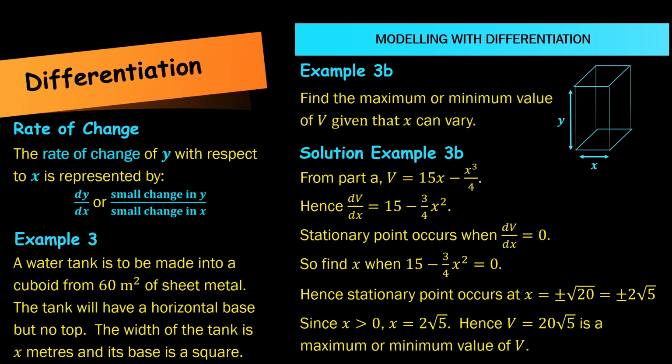And therefore, plugging this value back into the formula for V gives us that V equals 20 root 5. And this is either a maximum or a minimum value of V.